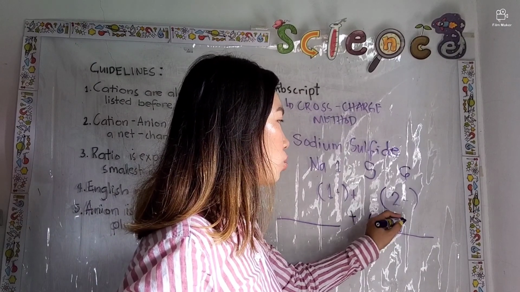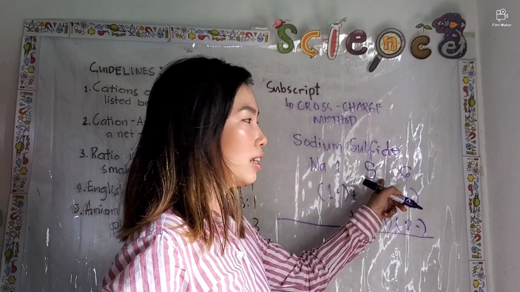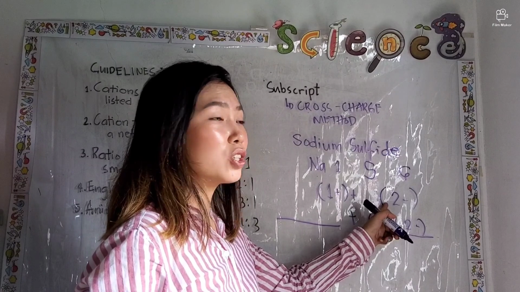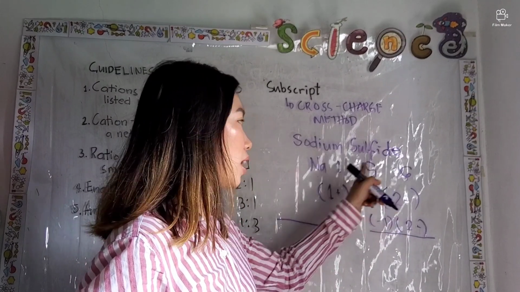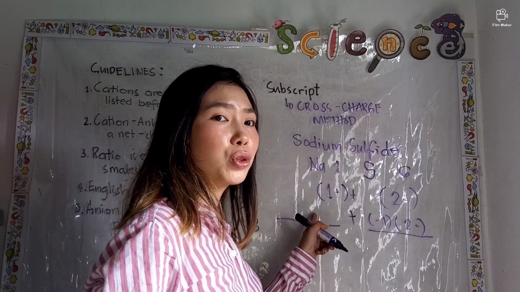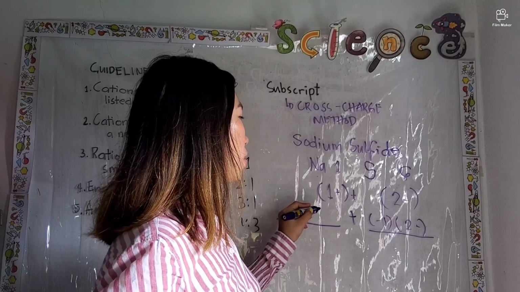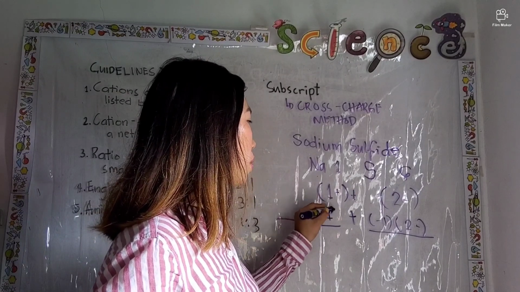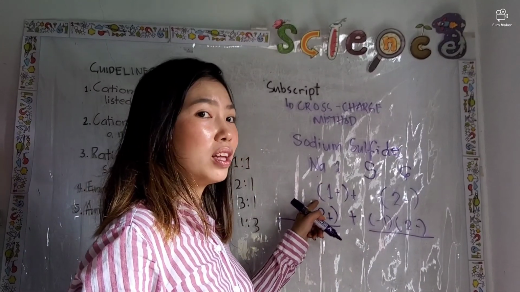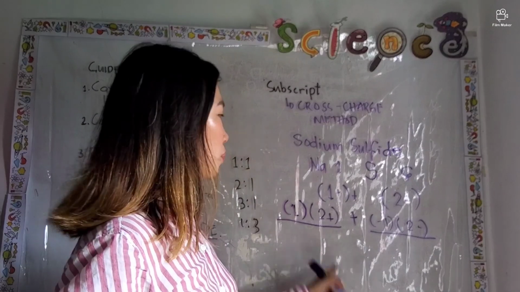And then, ito yung charge talaga ng sulfur. Next, yung negative 2 na charge ng sulfur, kapag inilipat natin sa kabilang side, negative 2 will become positive 2. So, it will become 2 positive, and then the positive 1 from the sodium.